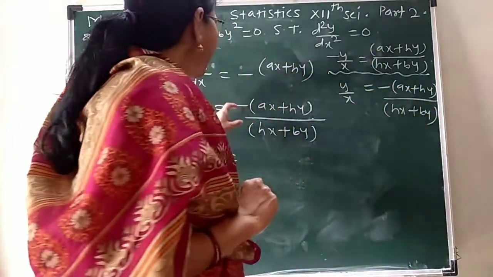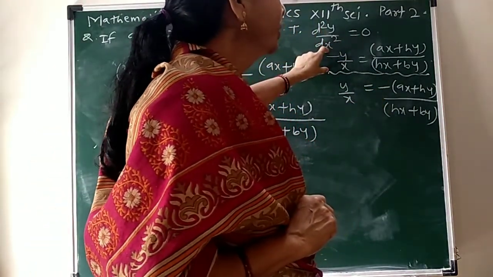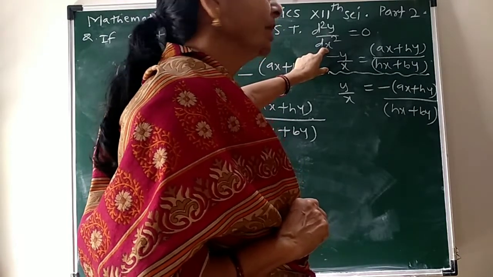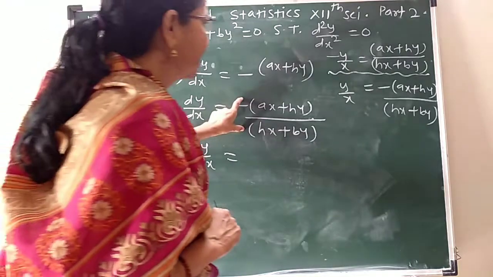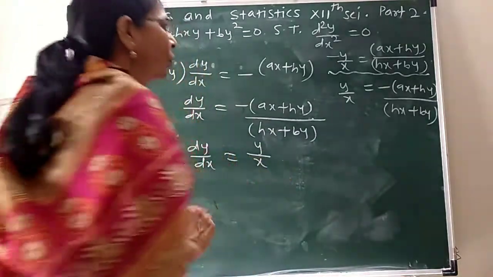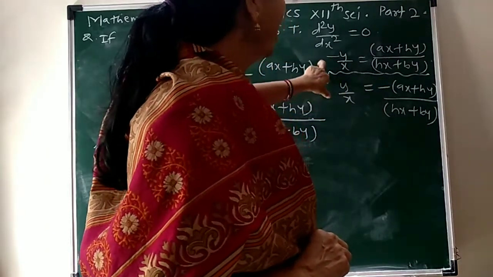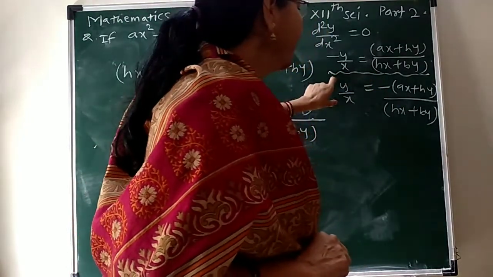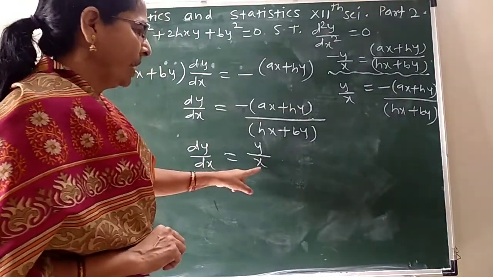We have to put dy by dx is equal to minus this value, that means y upon x. Taking negatives of both sides, the negative and negative become positive, and we get the value of this term: dy by dx is y upon x.